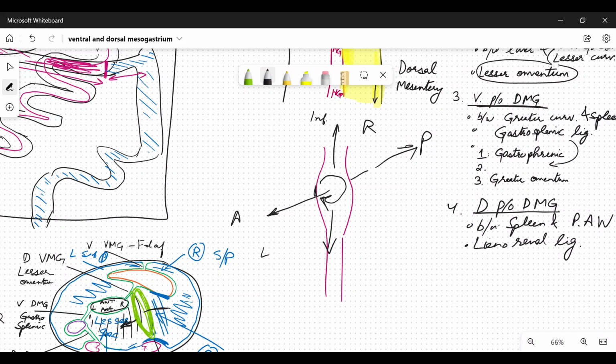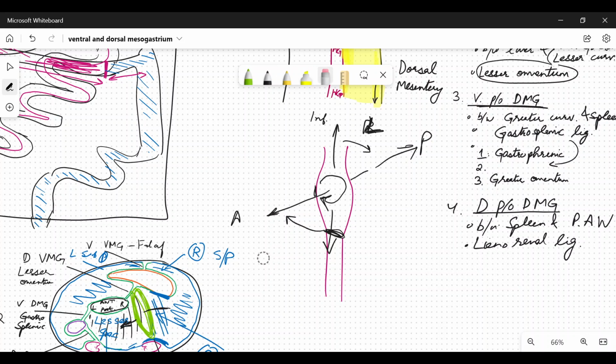So that this lower end, or the pyloric end of the stomach, will shift towards the right side of the body, and the proximal end will slightly shift towards the left side of the body. Now, this has been reversed. This is the right side, and this is the left side of the body.